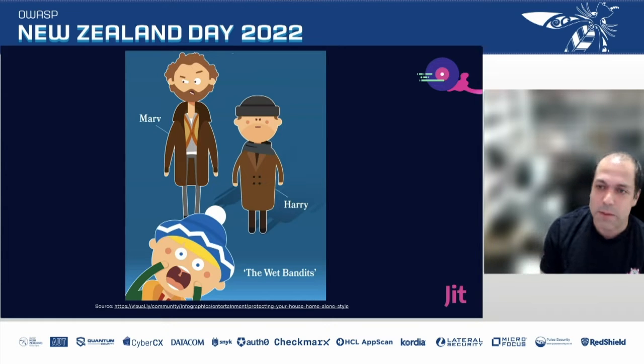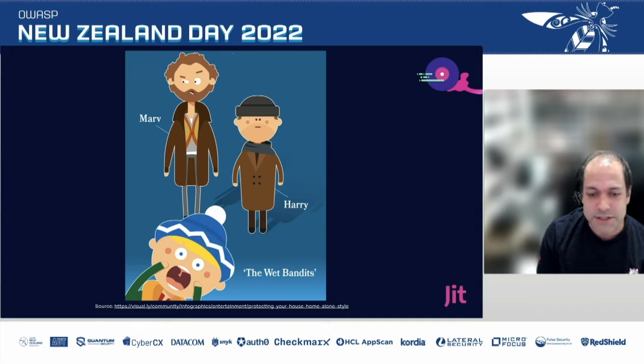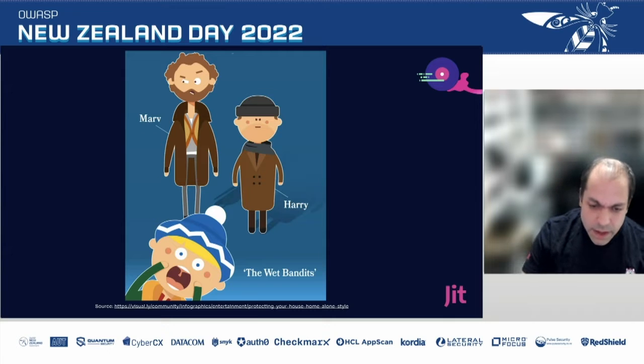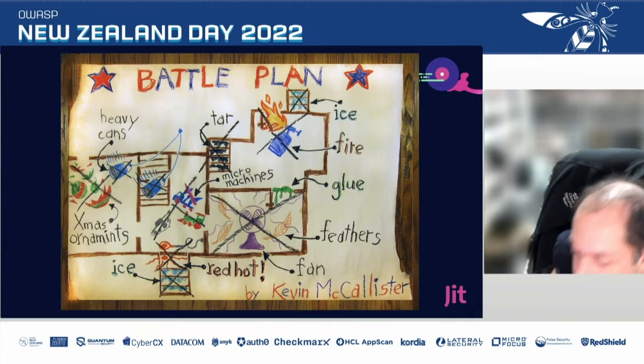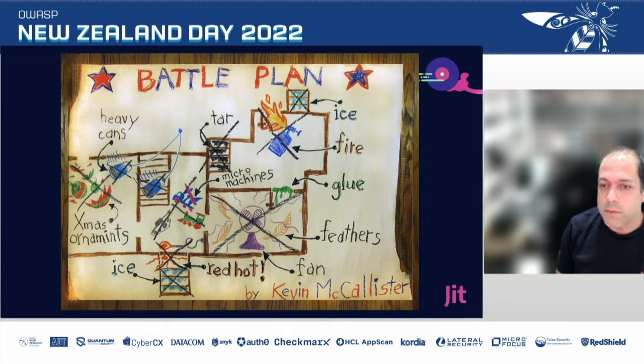Basically, if you're going back to the burglars, these are the two attackers, the wet bandits in the movie. And if you think about it, what Kevin did when he thought about how to protect his house, he tried to think of a way to map the whole house in order to prepare some plan. You could call that the battle plan.